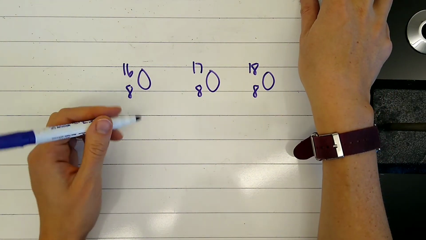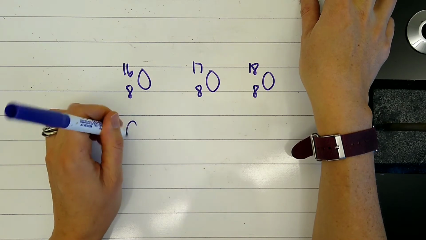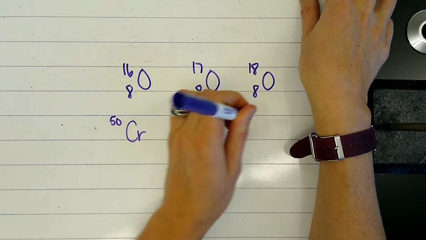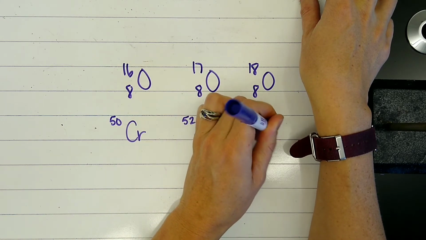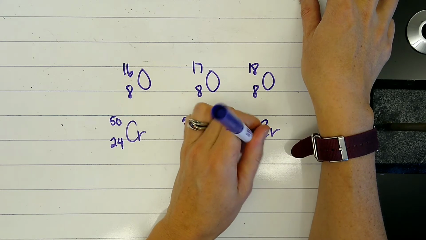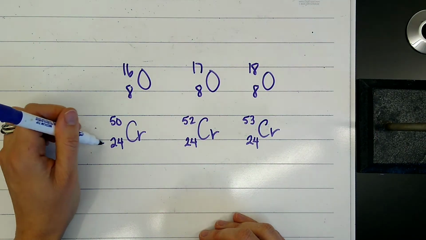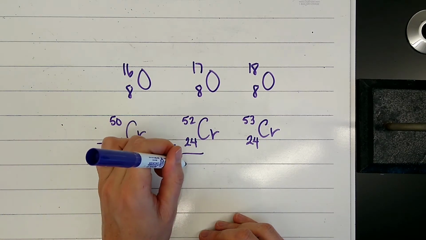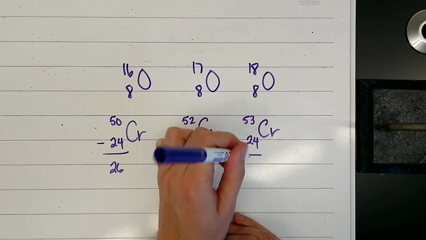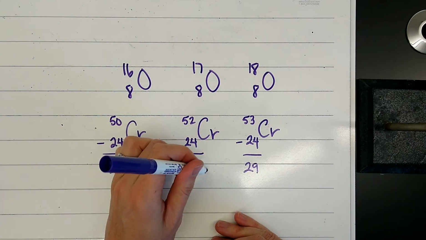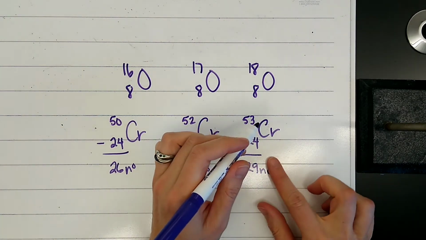Chromium 50, 52, 53. And it told us that the atomic number of chromium is 24. So then you just subtract these two to get your neutrons. So we get 26, 28, and 29 neutrons. So those are neutrons.